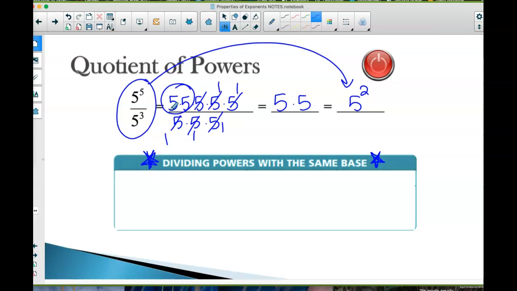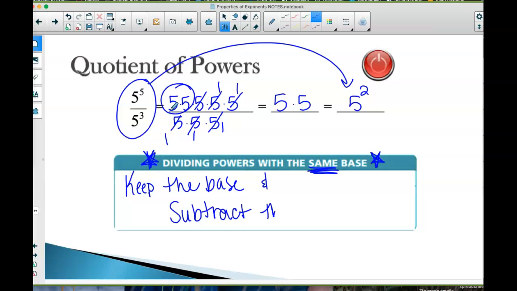Subtract the exponents. Yeah, absolutely. So if the bases are the same, key being they have to be the same base, but if they're the same, keep the base and subtract the exponent. So keep the base, subtract the exponents.